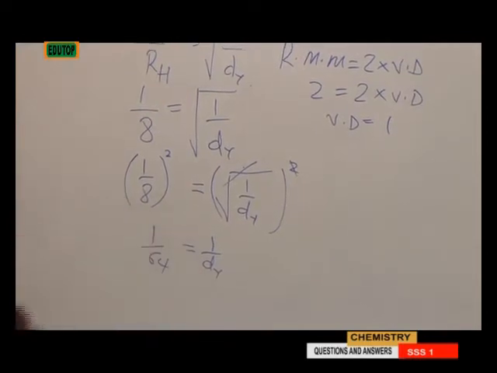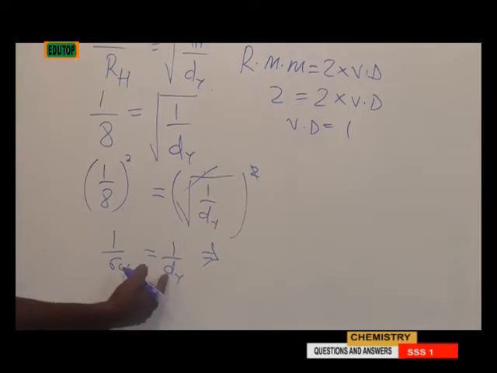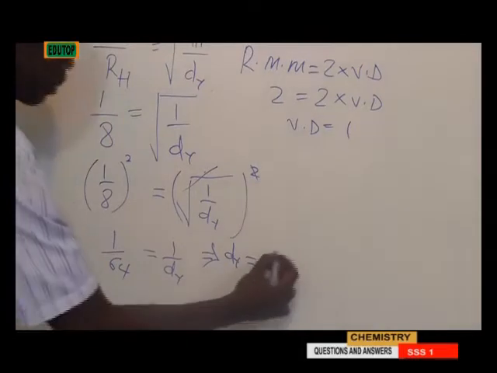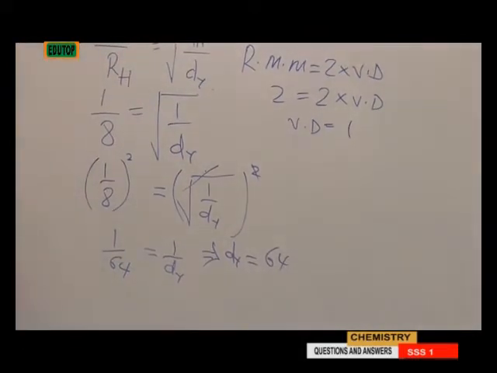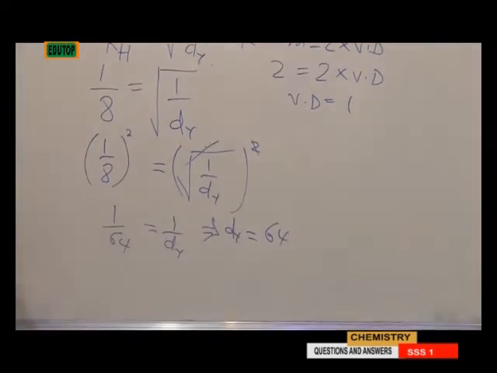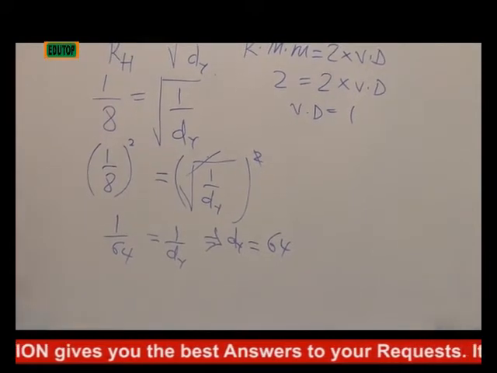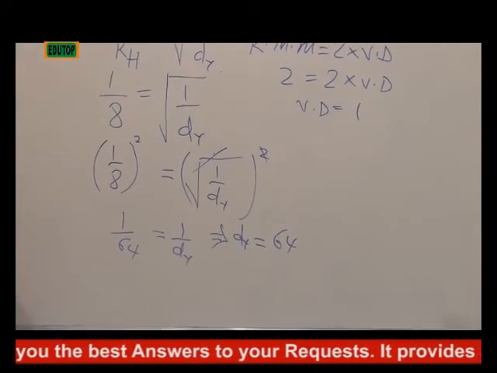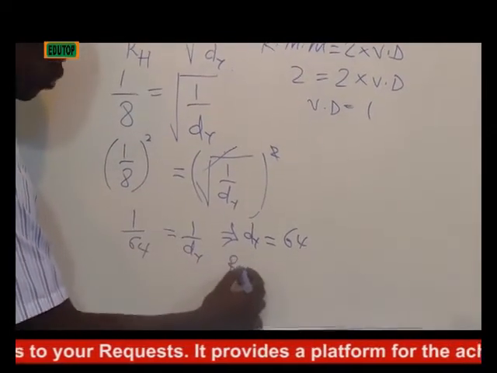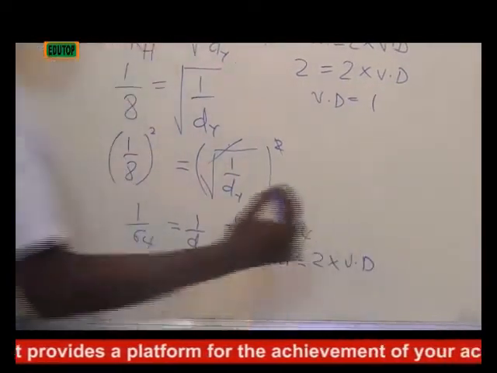We are looking for dy. Automatically, we cross multiply. dy times 1, dy. 64 times 1, 64. Therefore, the vapor density of Y is 64. But the question is not asking for the vapor density of Y. Instead, the question is asking for the relative molecular mass of Y. And we all know that relative molecular mass of Y is 2 times vapor density.